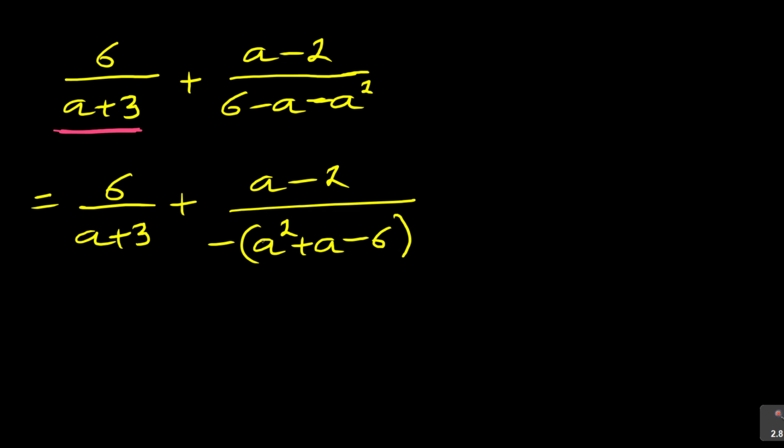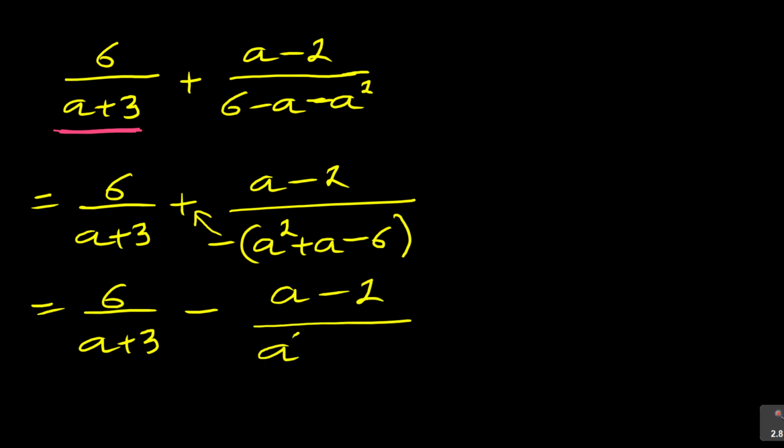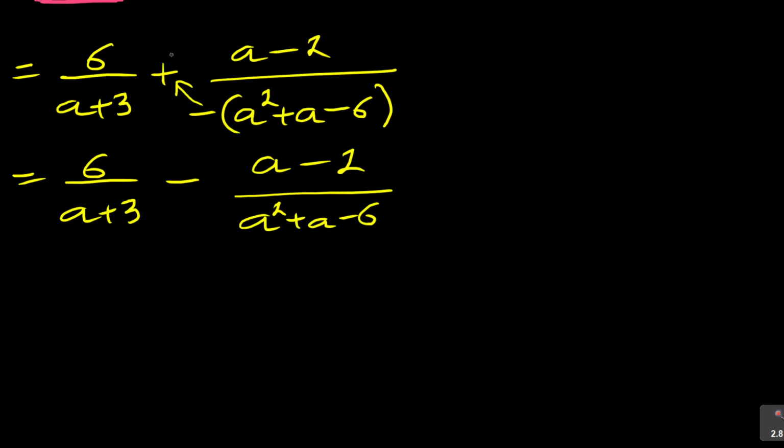Are you with me? But this negative affects that negative, so that you have 6 over a plus 3, then minus a minus 2 over a squared plus a minus 6. That's all they wanted you to do. Are you able to link this there?